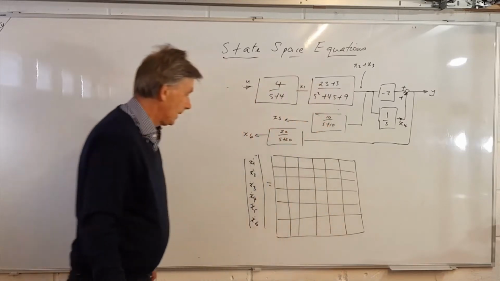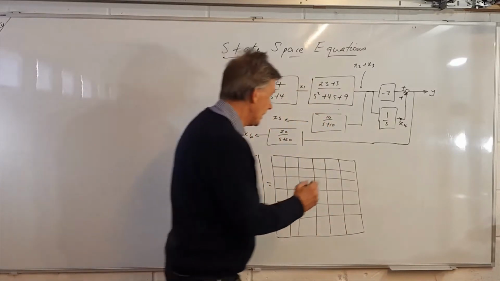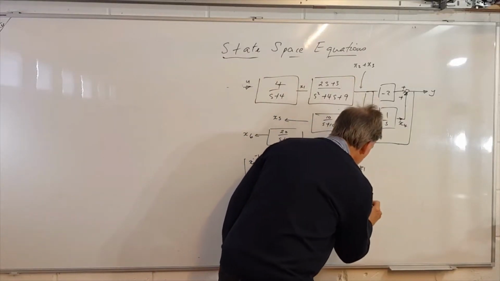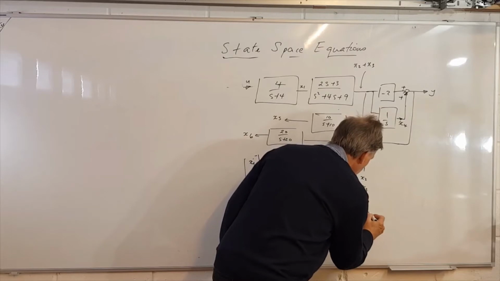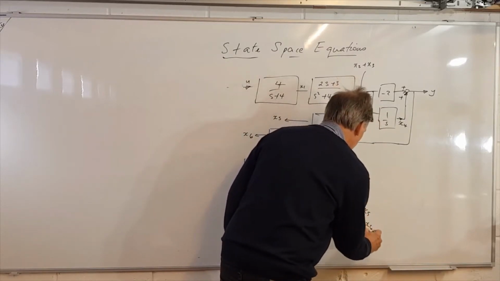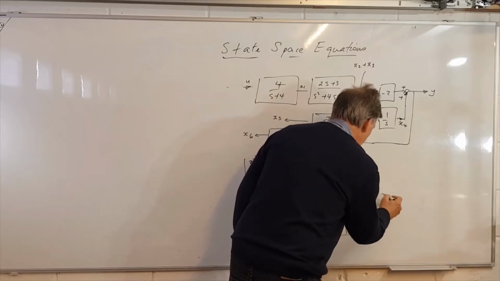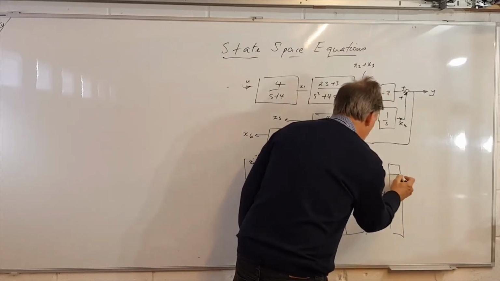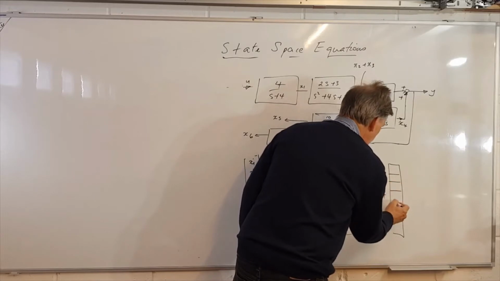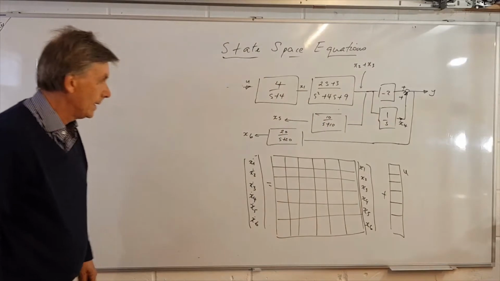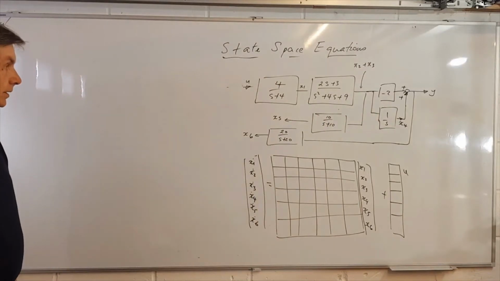So there's our 6 by 6 matrix, and this is going to be x1, x2, x3, x4, x5, x6, plus u.